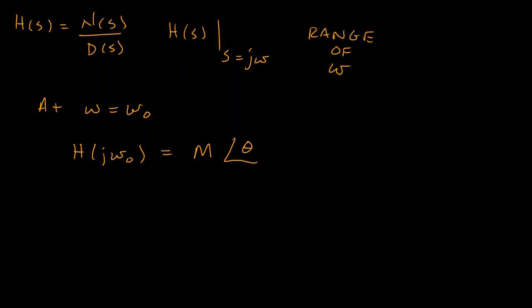And that's just a complex number at that particular frequency point. If we evaluate it at some other frequency point, we'll get a different complex number. And the frequency response is basically comprised of computing the magnitude and phase, or the complex value, over a useful range of frequencies, as mentioned before.